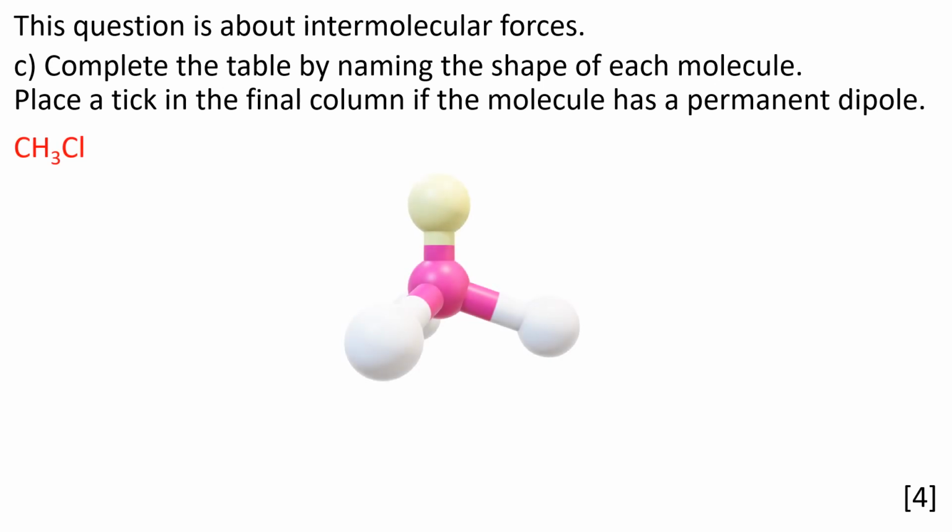Finally, CH3Cl. So there I've used the yellow to represent the chlorine. So in this case, it's similar to the silicon really, but we've got 4 bond pairs, 0 lone pairs. So the shape is still tetrahedral, but the chlorine being more electronegative, there we go.